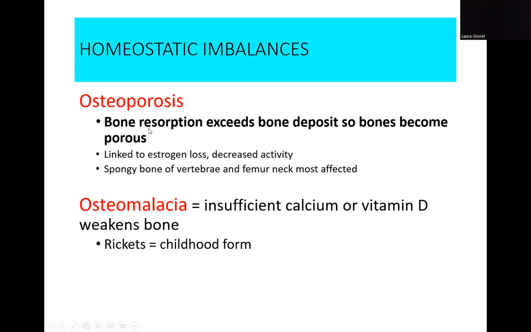Okay, so bone breakdown, bone resorption exceeds your ability to lay down new bone, so it becomes rather porous. Right, osteomalacia is generally a dietary insufficiency of calcium and/or vitamin D. Not everybody gets a lot of milk. Some latitudes get very little sunlight during parts of the year.